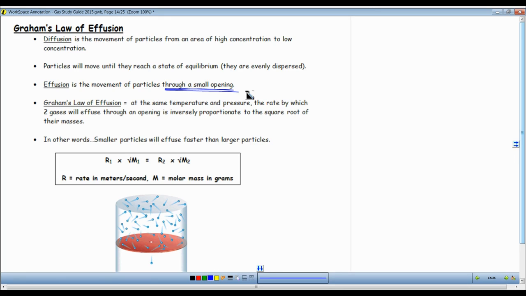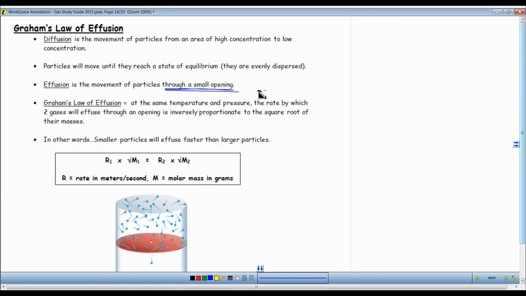This is more of like, I have a pinhole leak in my balloon, and slowly the particles will effuse through this tiny opening where they're highly concentrated in the balloon, and eventually they'll all leave the balloon and become evenly distributed throughout the room or whatever the space might be.